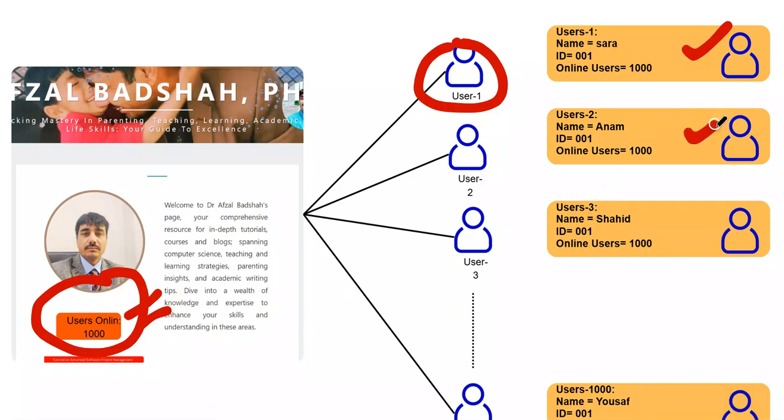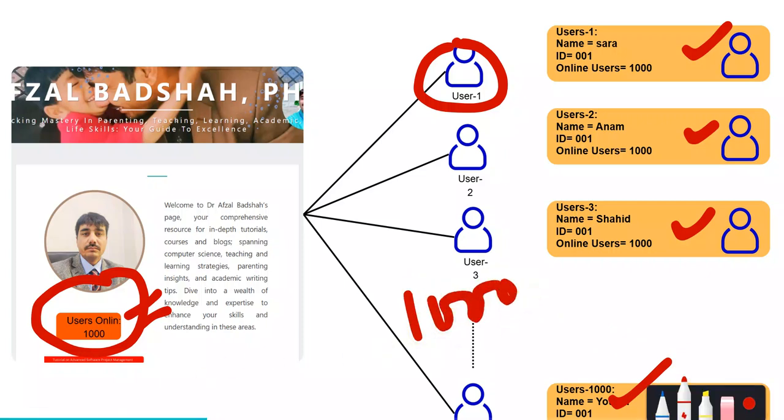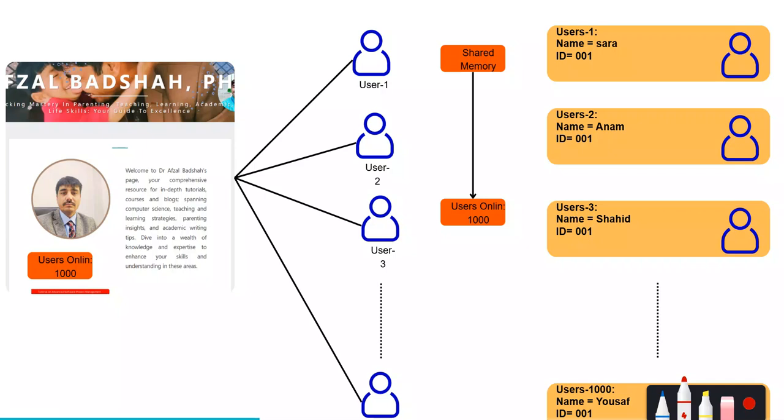In user 2 you are observing the same user count, in 3 the same user count, and similarly in the nth user, which is 1000, you can exactly see that currently 1000 customers or users are connected to that website.